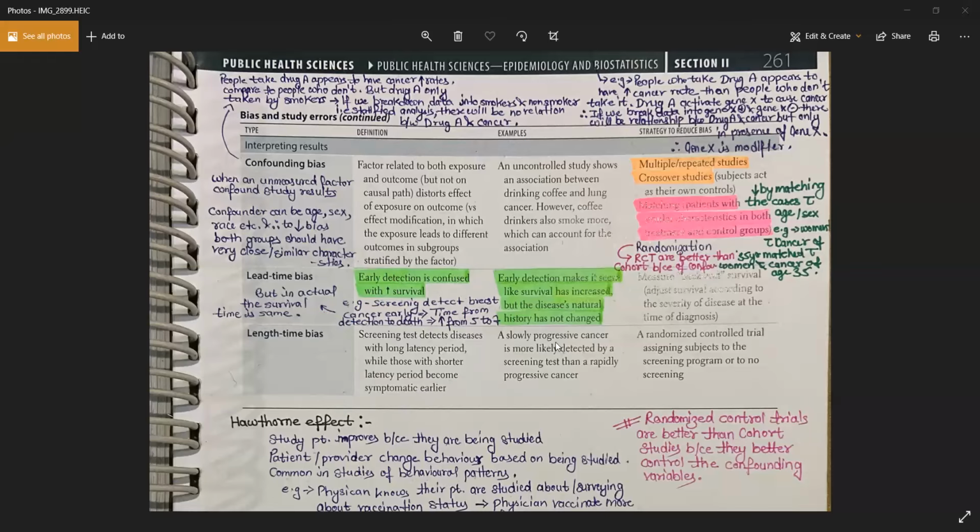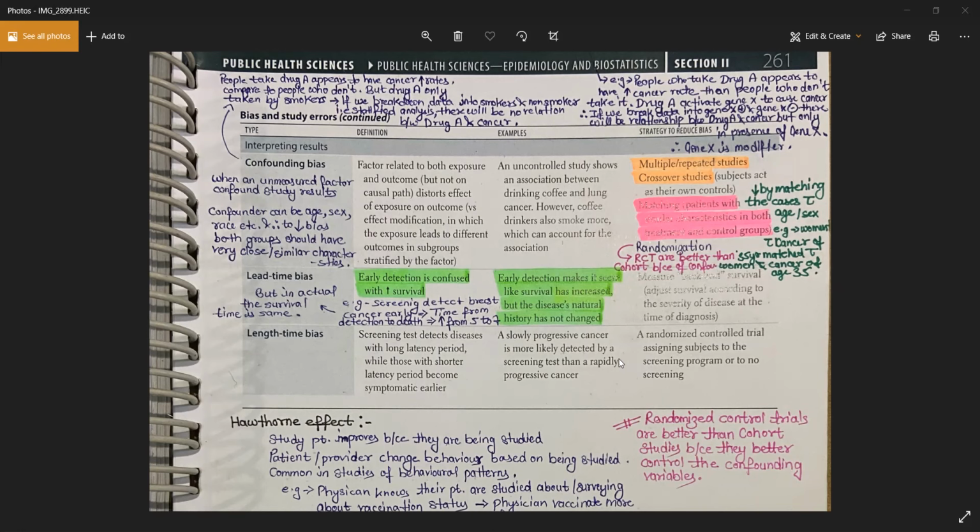So a slowly progressive cancer is most likely to be detected by a screening test than a rapidly progressive cancer. The rapid one will die first, and the slow ones will die later, and the test will detect the slow ones. So it will make it look like the test is actually increasing the survival rate of these patients, but it is not true at all.